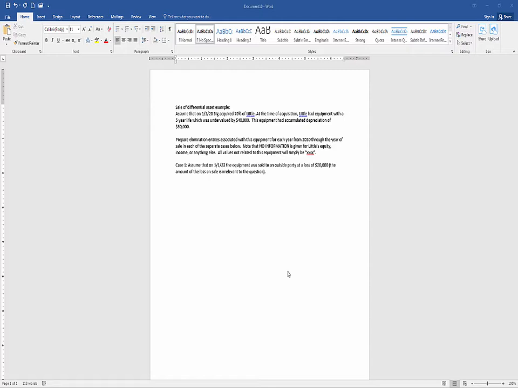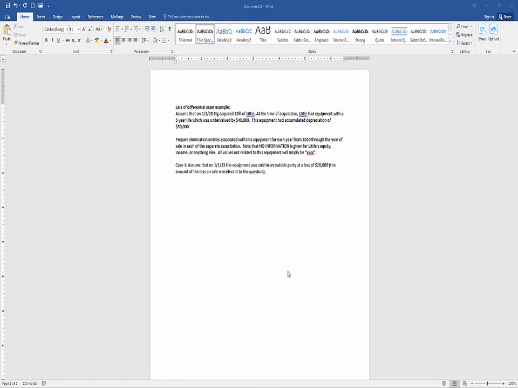Before I go any further, the 70% ownership is pretty much irrelevant, because whether we own 51% or 100%, the recording of the differential asset is the same, the depreciation or amortization of the differential asset is the same, and the disposal of the differential asset is the same.